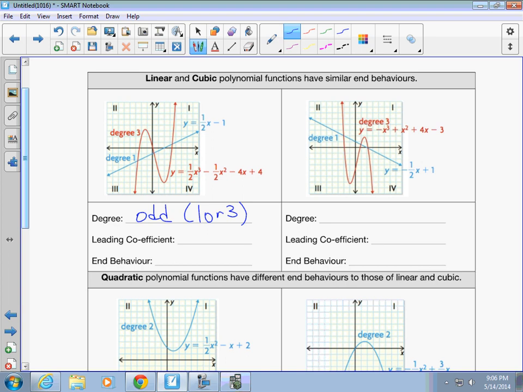Okay, this is a positive 1/2. Then I started in quadrant 3, ended in quadrant 1. If my degree is odd and the leading coefficient is negative, then it was just the opposite. I start in quadrant 2 and end in quadrant 4.